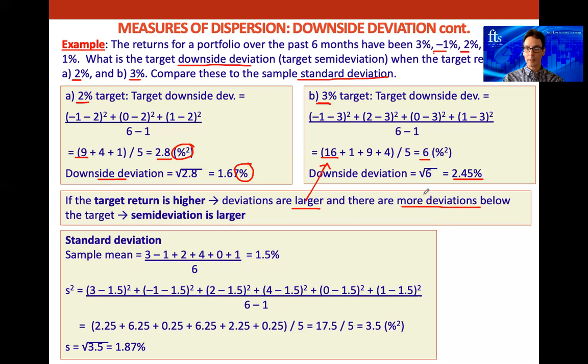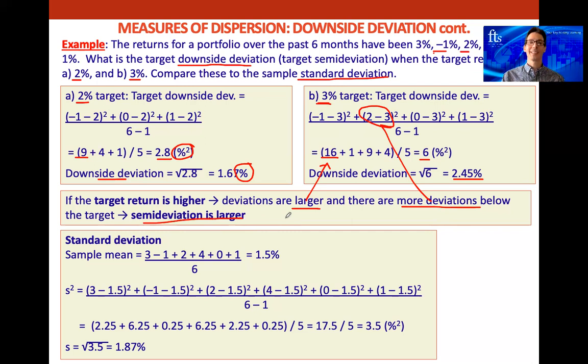So there are more deviations below the target. We got larger deviations and more deviations below the target, so we're going to get a higher numerator if we've got a higher target return. This means that if the target return is higher, the semi-deviation is going to be larger.